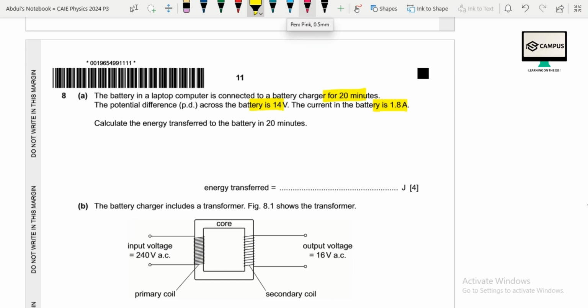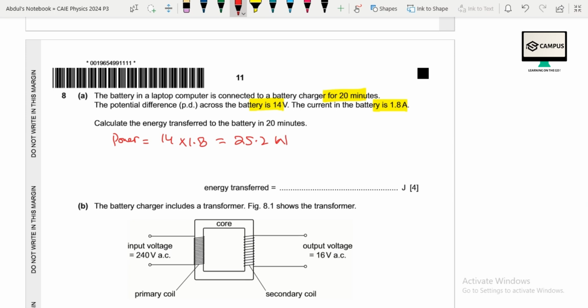So first of all, let's find the power, because energy is power multiplied by time. So the power, or the instantaneous power, would be equal to voltage multiplied by the current. So that is 14 multiplied by 1.8. That is 25.2 watts.